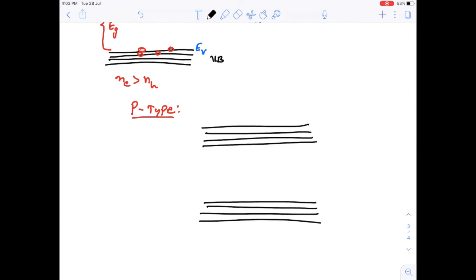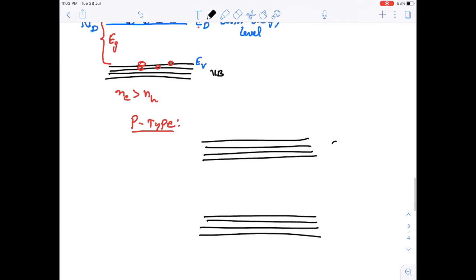So this is conduction band, this is valence band, and then I have an energy level which is close to the valence band. So this is EV, and this I will write as EA, the acceptor energy level, where I have NA acceptor atoms.